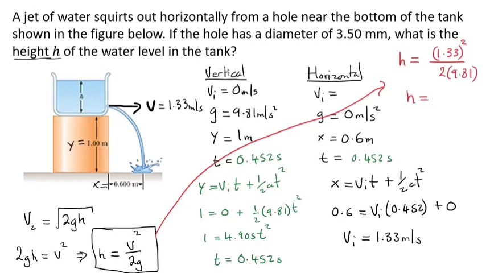So 1.33 squared divided by 19.62. This gives us a height of 0.09 meters, and this is equivalent to 9 centimeters.